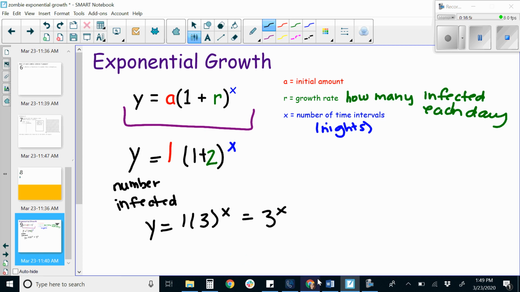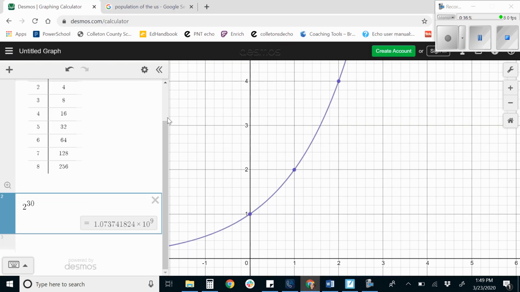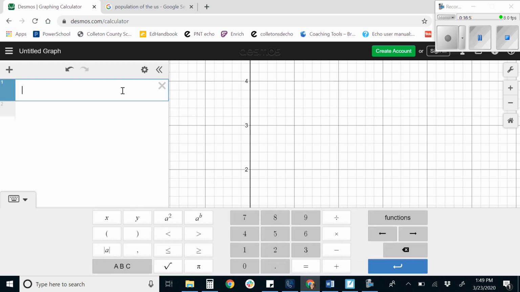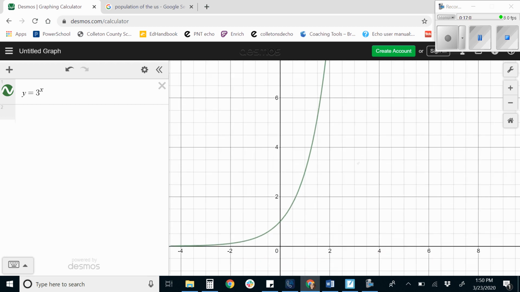So let's look at what that would look like if we graphed it. y equals 3 raised to the x. So there's our graph.